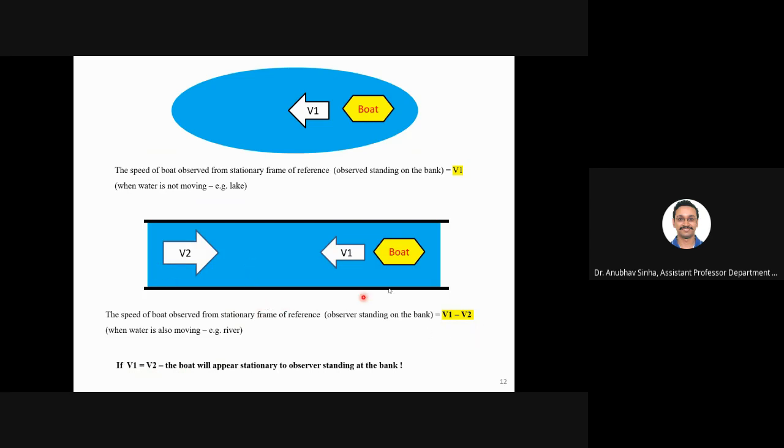River is coming here, but this boat in still water is moving at v1. So if you look at the absolute motion, it will be v1 minus v2. Is this right or wrong? Come on, this is simple vector addition. Yes, sir. We got that. We can move forward.